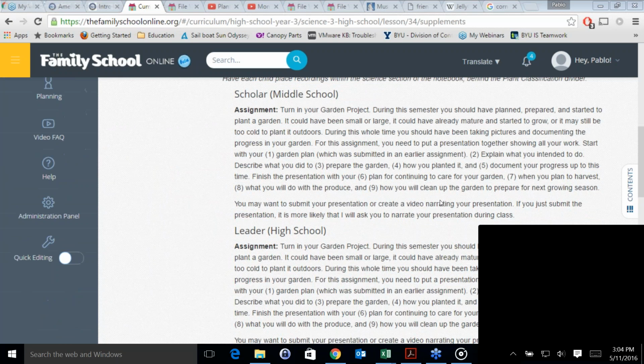And the assignment here for the lesson is to turn in the garden project. Okay, so we have been working on that. I describe here that the presentation that you need to put together to turn in the garden project will be the garden plan.